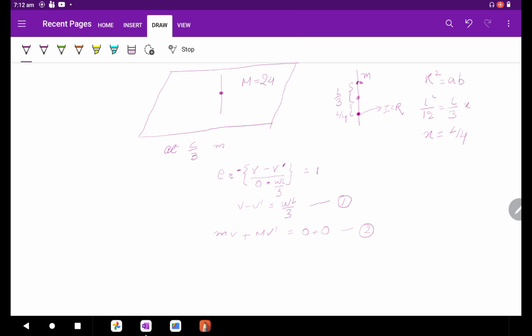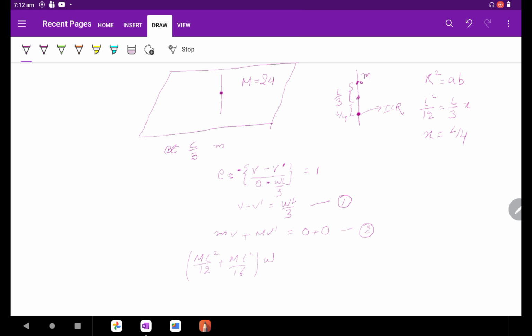Okay. Next, what about conservation of angular momentum? Conservation of angular momentum about the ICR for the rod will read ML square by 12 plus ML square by 16, whole into, let's say it was rotating with omega, right?